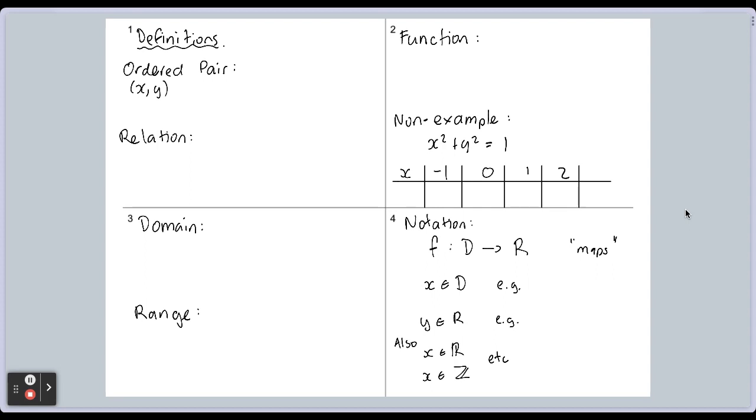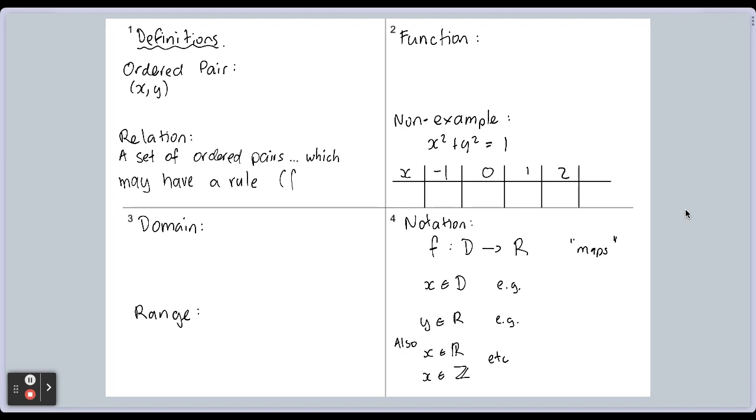A relation. The reason I've started with something simple like that is because we can use the phraseology of an ordered pair to describe a relation. A relation is a set of ordered pairs which may have a rule.